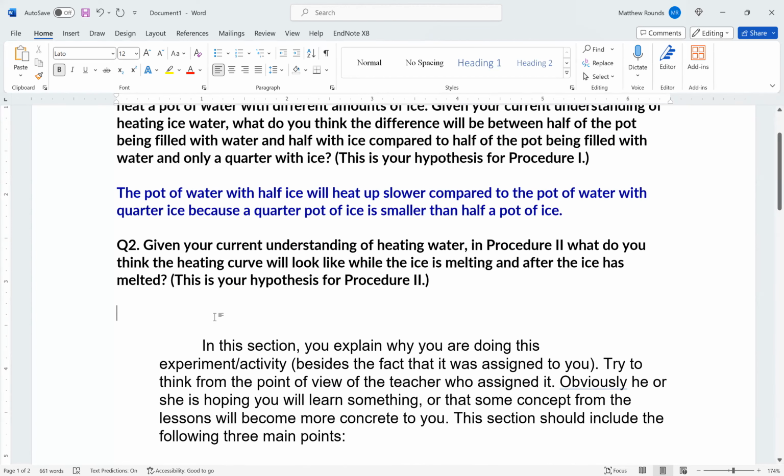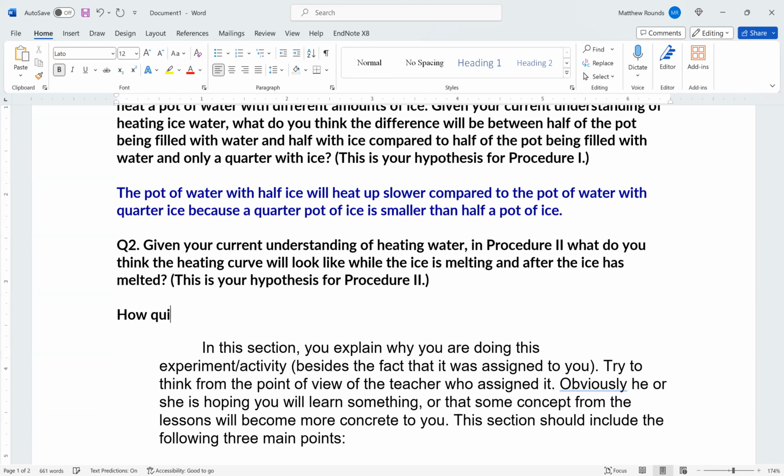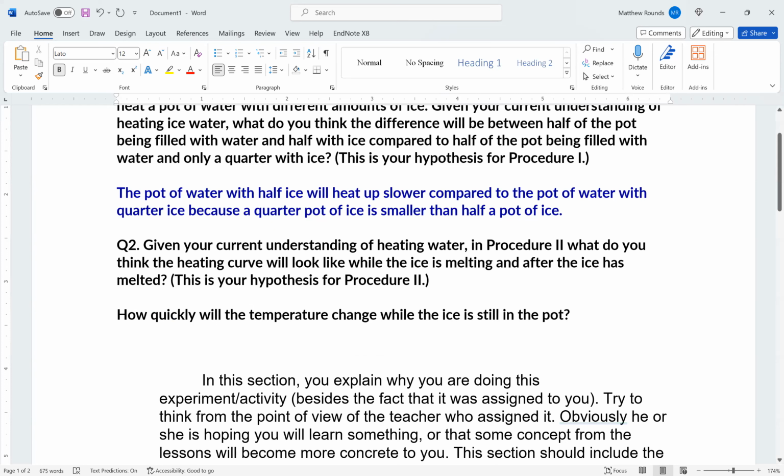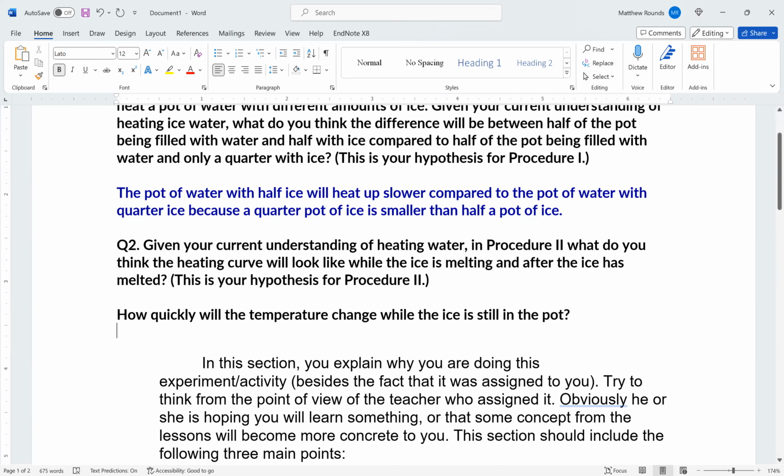How quickly will the temperature change while the ice is still in the pot? That's the first question for you to ask yourself. And you want to use words like it will change quickly, not quickly, fast, slow. What do you think will happen?